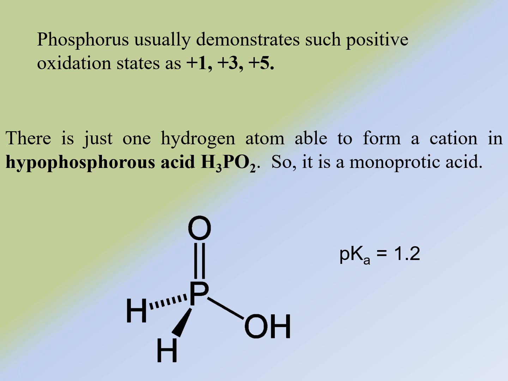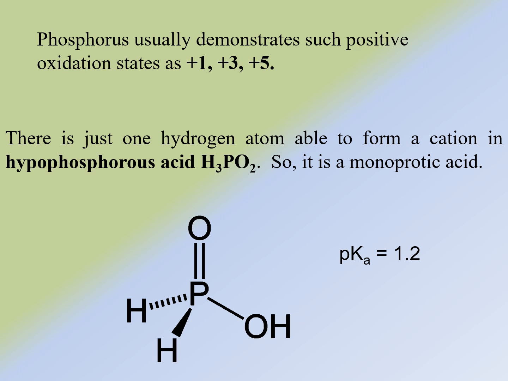It means that this one can give just what? Just one type of salts, because the ability to form salts depends on the number of OH groups, yeah? So this one is a monoprotic acid actually, not triprotic one, and pKa is 1.2. It's a weak one, but relatively strong.